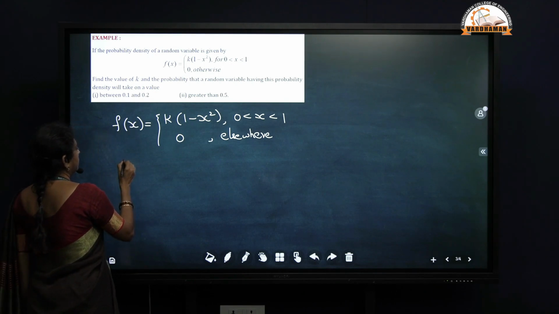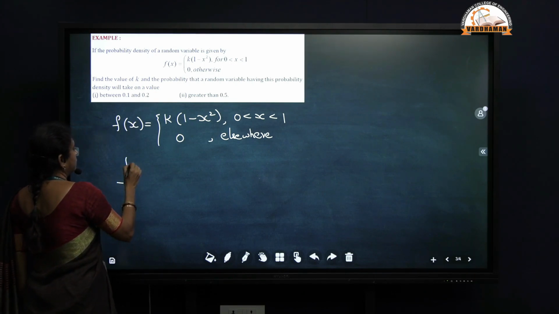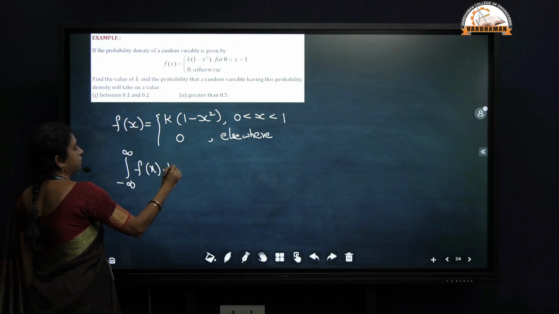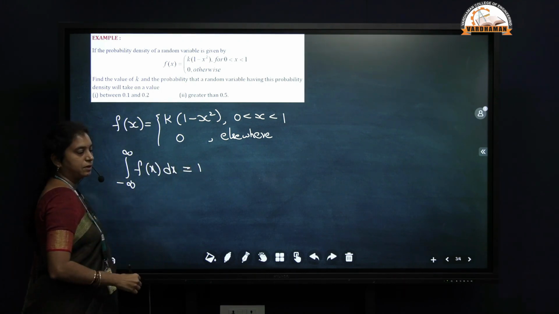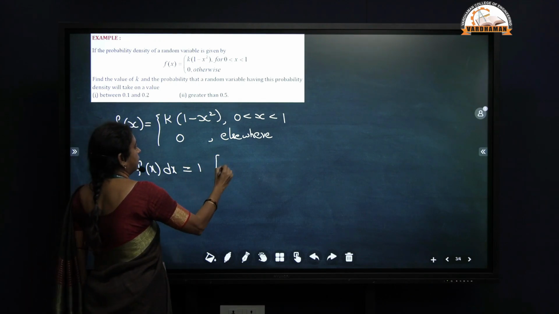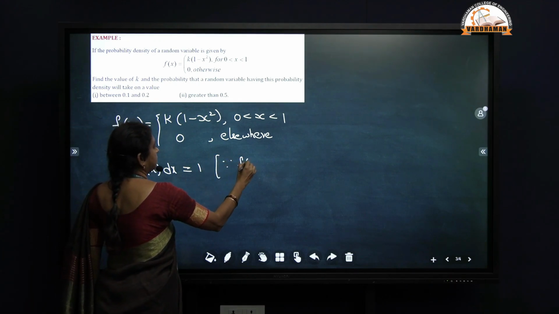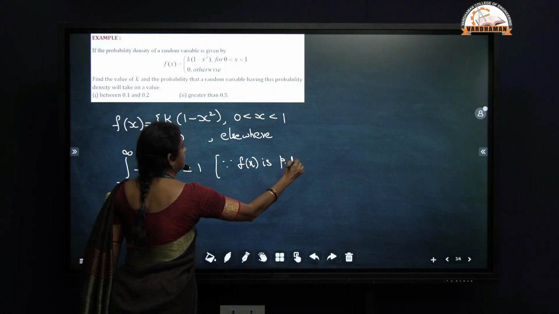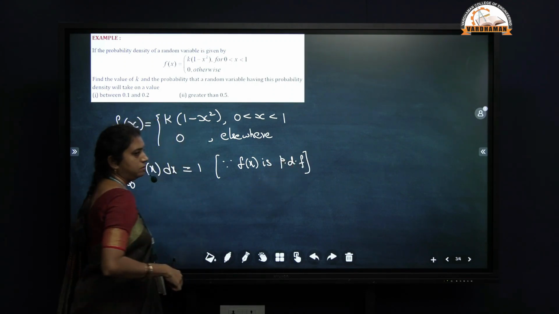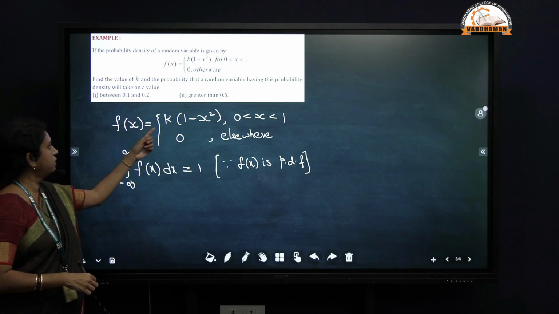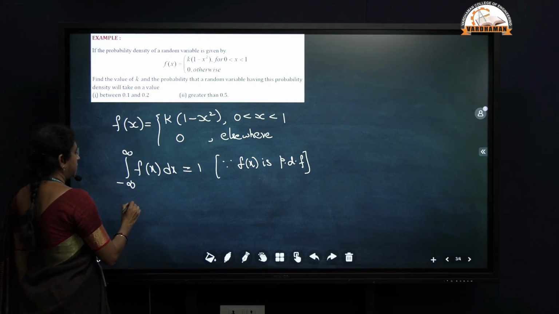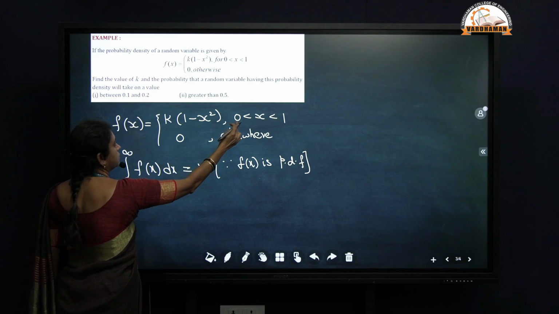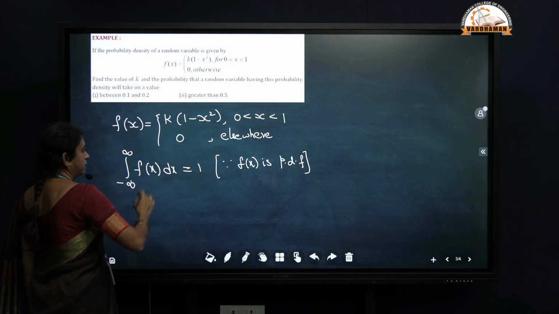We know that integral from minus infinity to infinity of f of x dx is equal to 1, since given f of x is a probability density function. Now using this we'll find the value of k. The function is defined between 0 and 1, and remaining it is 0.